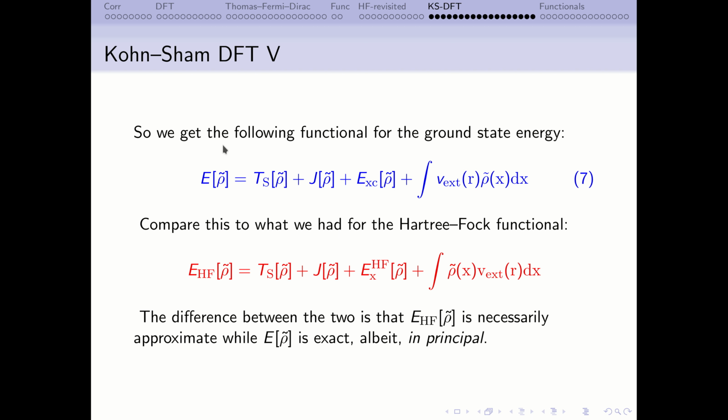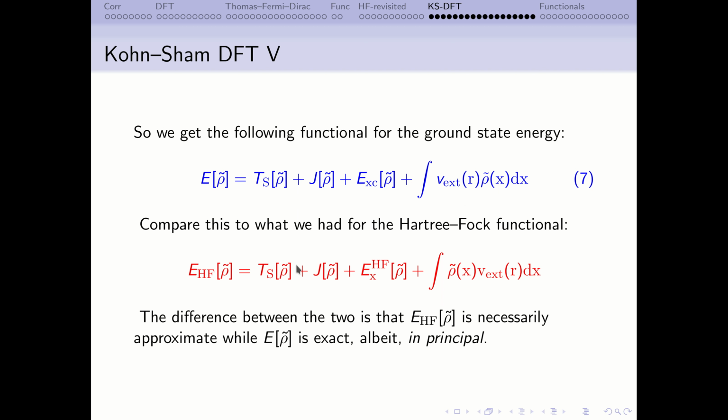Alright, so now we can write down our Kohn-Sham energy functional, E, as the single particle kinetic energy plus the Coulomb energy plus this unknown exchange correlation energy plus the energy from the external potential with this density. Let's compare it to the Hartree-Fock functional.